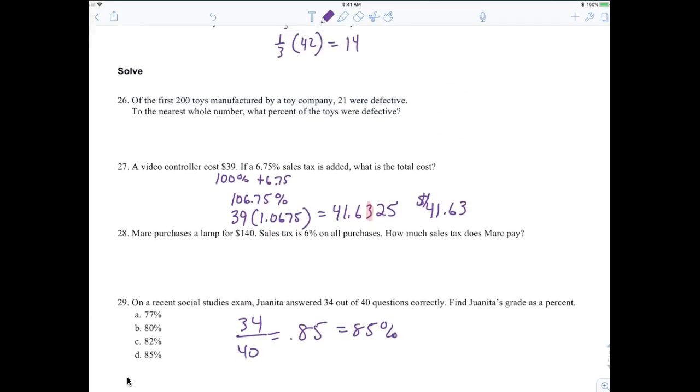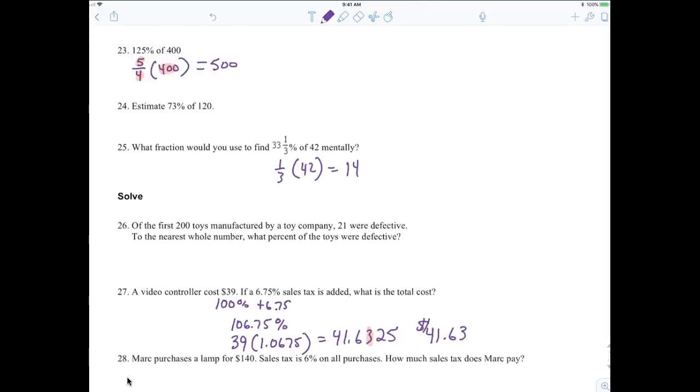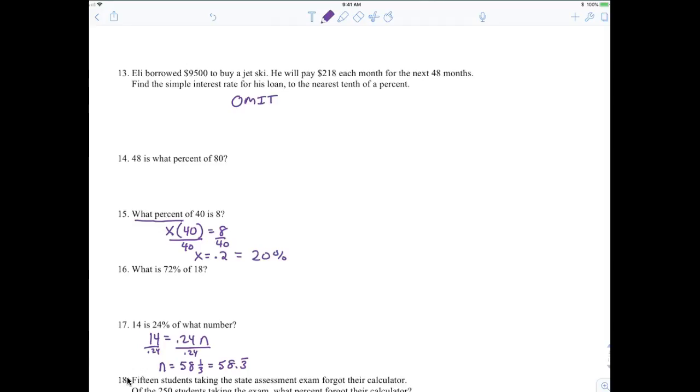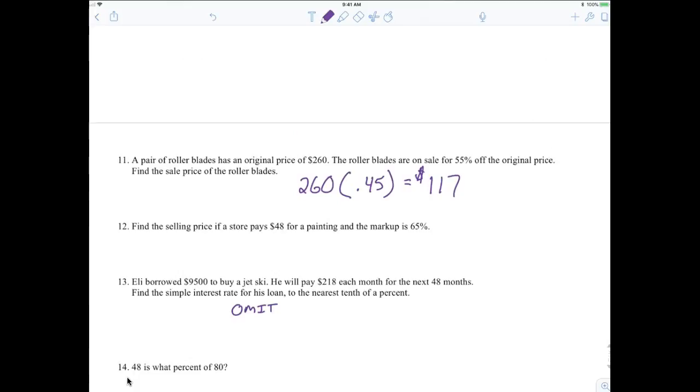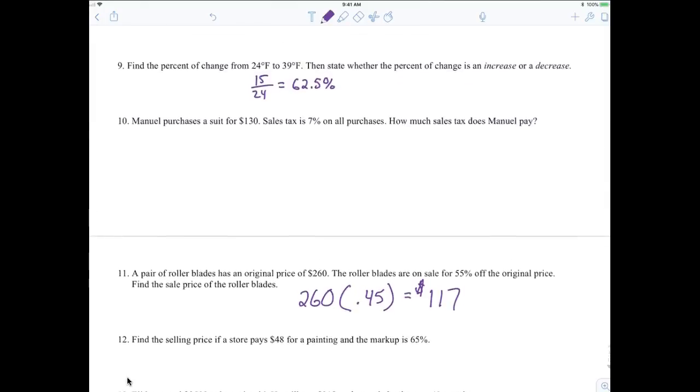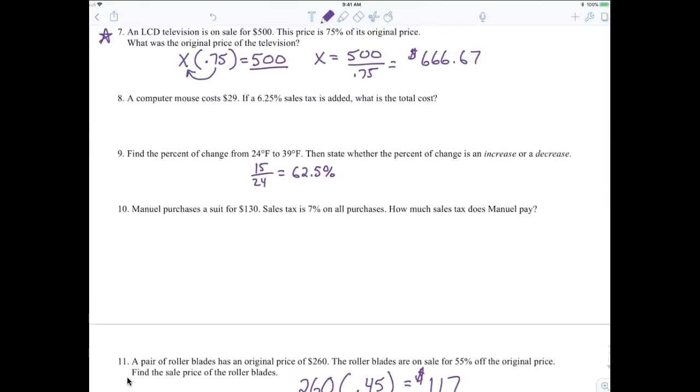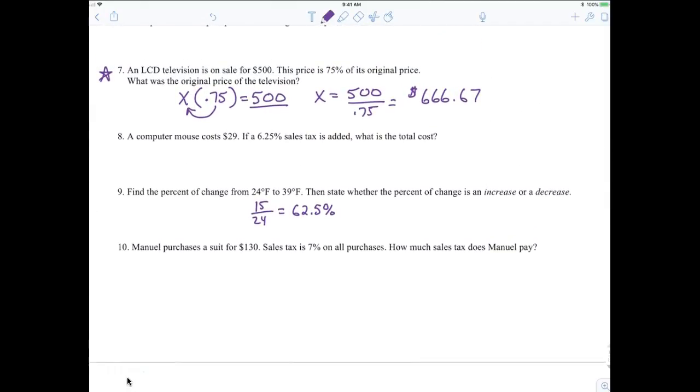Nope. 11. Let's look at 11. Nope, that's not the one I was thinking of. Oh, it's number 7. Yes, number 7. I even told you to put a star by number 7.